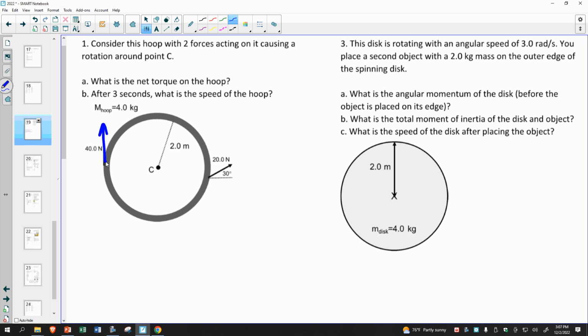This force right here causes a clockwise torque, so it's negative. And this force, really just that component of the force that causes the torque, causes a counterclockwise torque. So that torque is going to be positive. Okay?